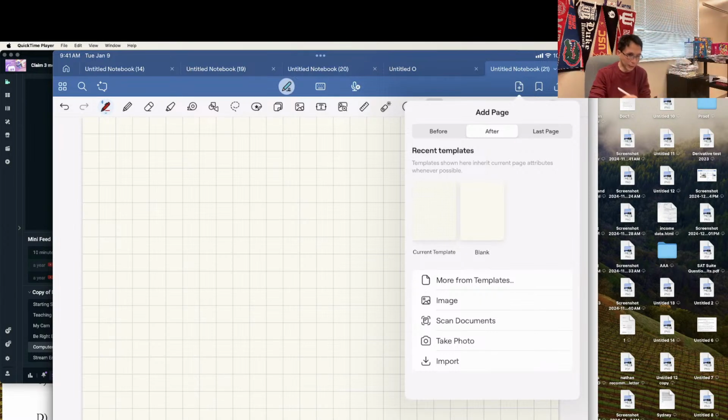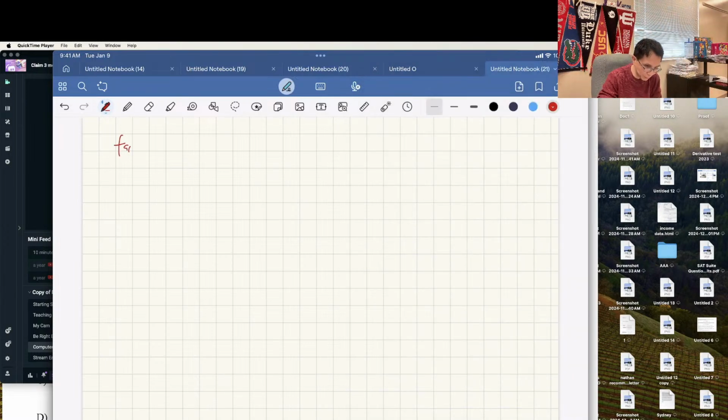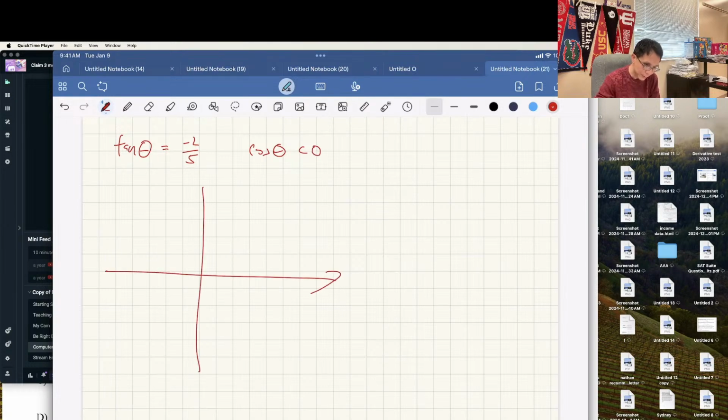The extra credit one is tangent theta is equal to -2/5, and cosine theta is less than 0. Do you remember this question? You want to find out what cosine theta and sine theta are equal to.